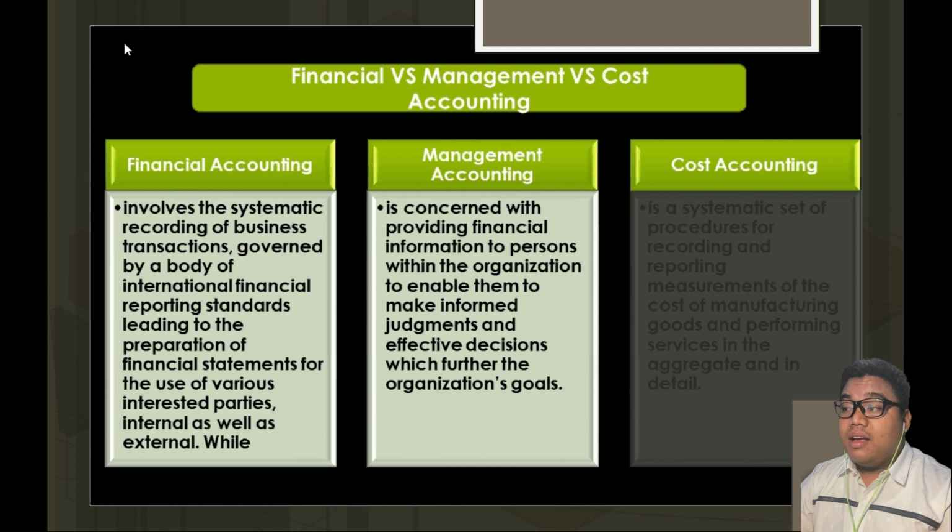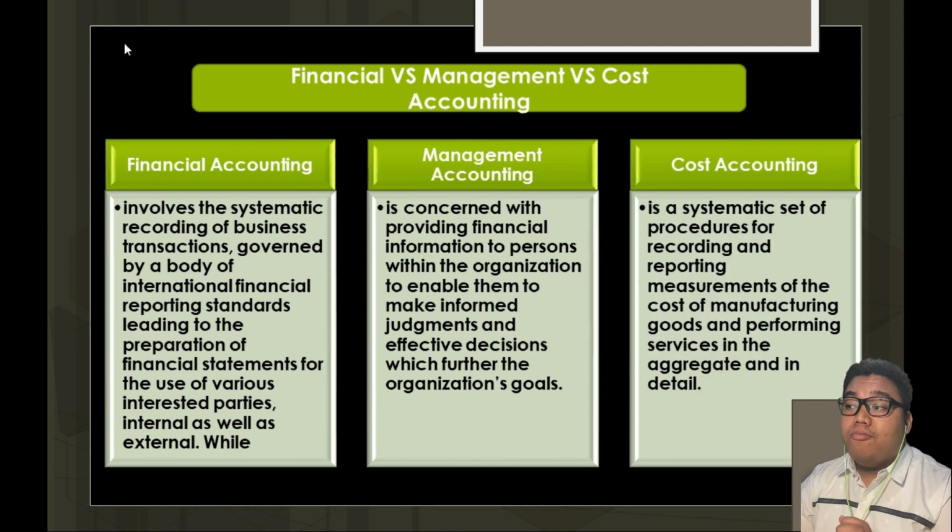While cost accounting actually is a systematic set of procedures for recording and reporting measurements of costs of manufacturing goods and performing services in the aggregate and in detail. So cost accounting actually is a data accumulation set of accounting in which this information is used on other fields of accounting like financial accounting as well as management accounting.